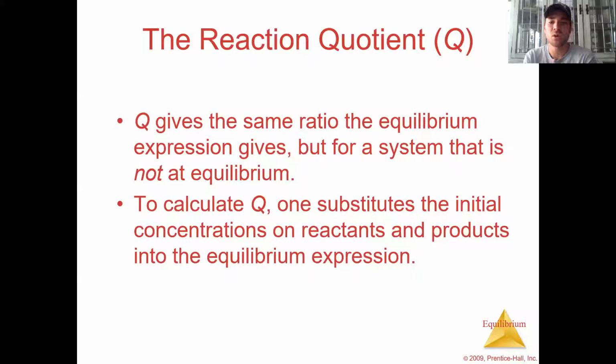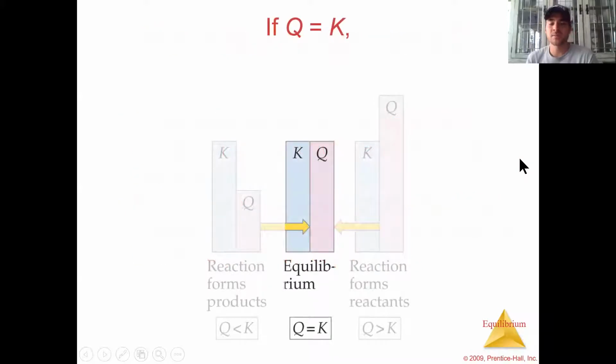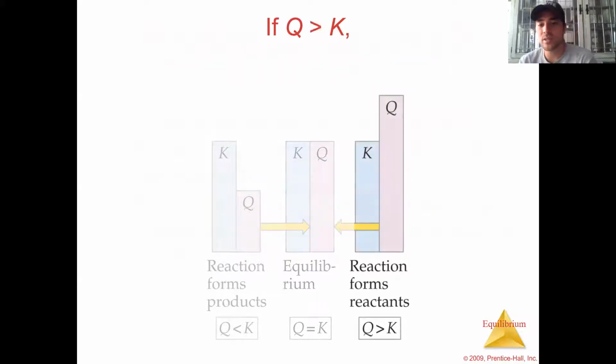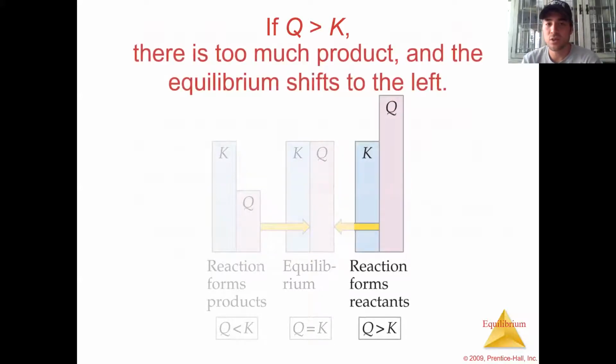We have to know how they compare and how they relate to each other. So if we're given a problem and Q is equal to K, that means those numbers we plugged in to Q are actually equilibrium values. So if Q equals K, we know we're at equilibrium. If Q is bigger than K, there's too much product.